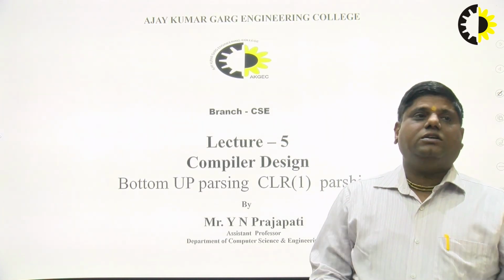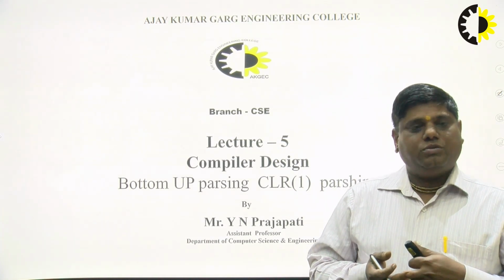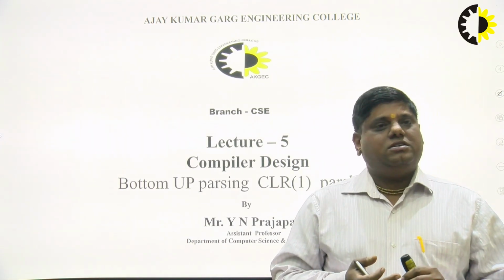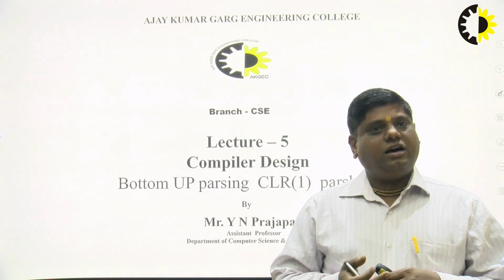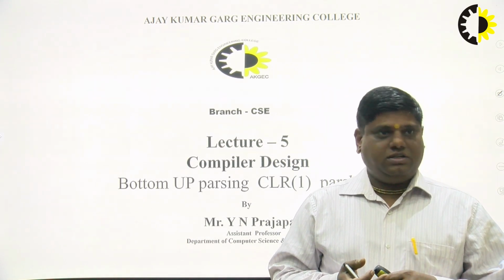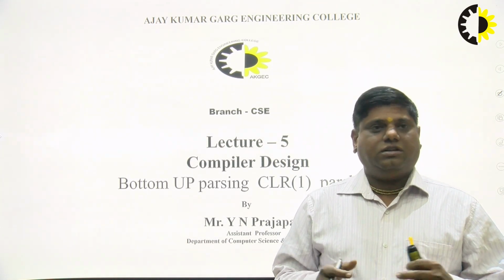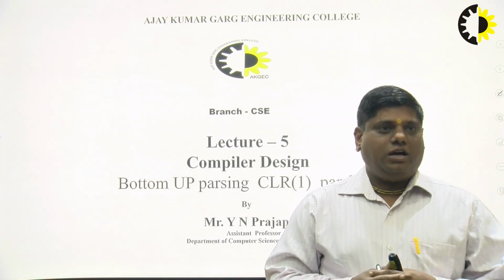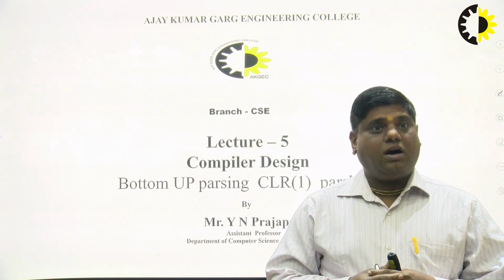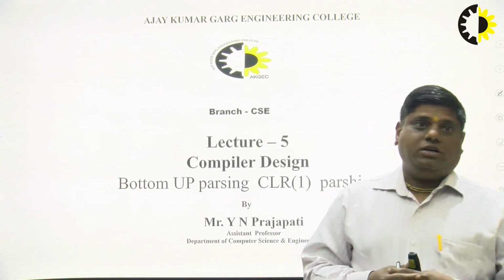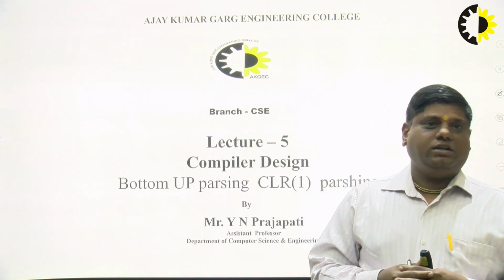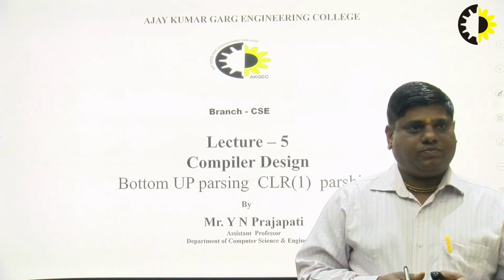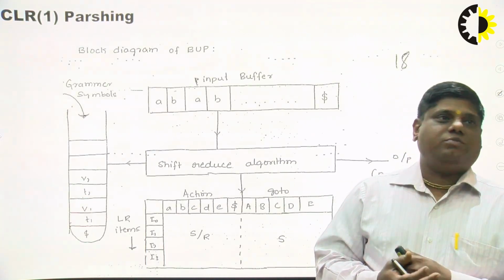The main types are LR0, SLR, CLR, LALR, and operator precedence parsing. Among these different types of parsing, CLR parsing is the most powerful, and it is asked in GATE examinations many times and in university examinations also. So let us start CLR parsing.